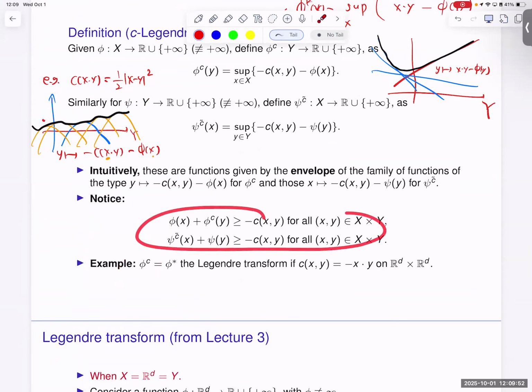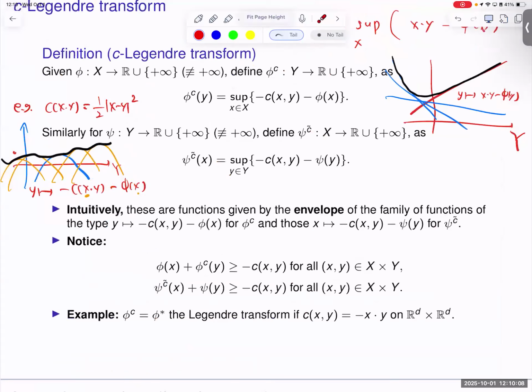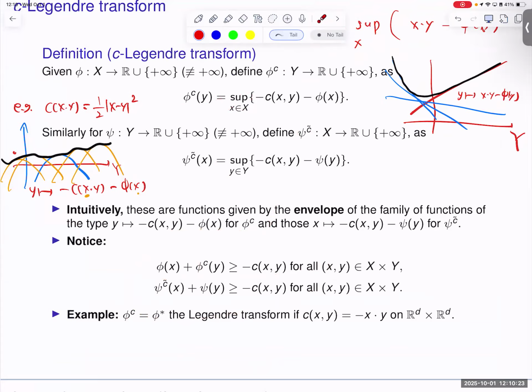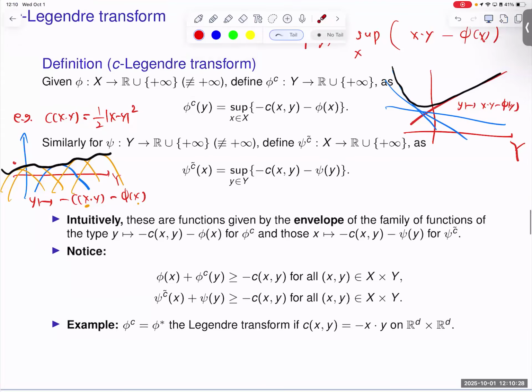In particular, this kind of Young inequality holds for any c. Look at this: this is a supremum, so if you do not take the supremum, this value is bigger than or equal to any such right-hand side. So this is exactly this expression. Good.